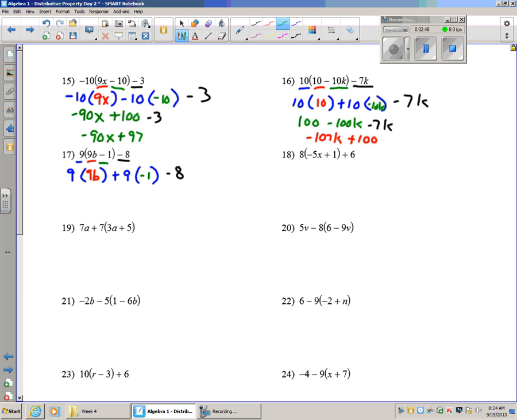So 9 times 9b, that's 81b, and 9 times negative 1, that's negative 9. And the negative 8 just drops down. When I combine like terms here, I get 81b, and negative 9 and negative 8, that's negative 17.